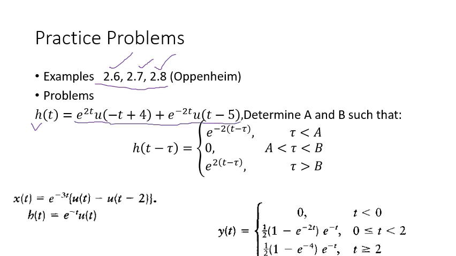I hope that's quite straightforward, because you have an exponential signal and another exponential signal, multiplied by the step function. The step function has value equal to 1 only when its argument is equal to or greater than 0.